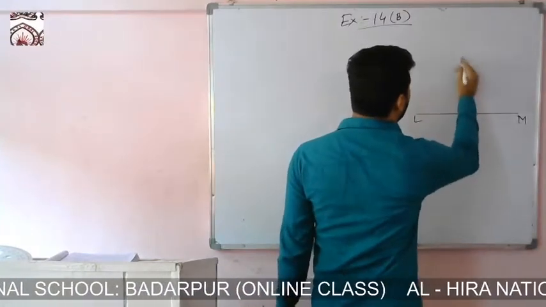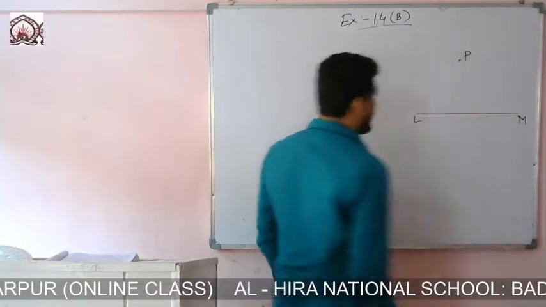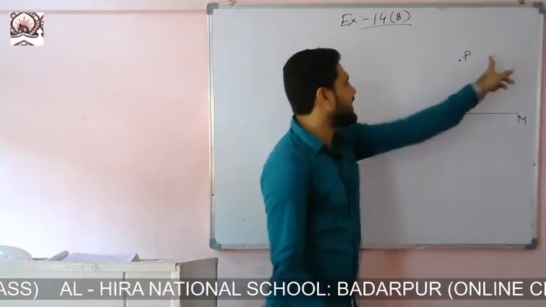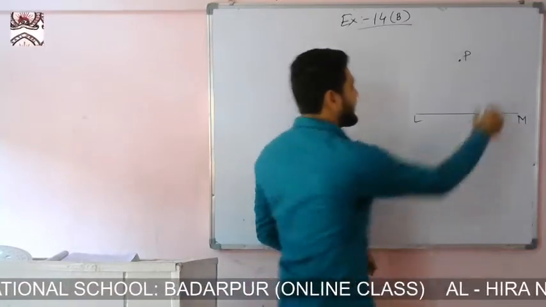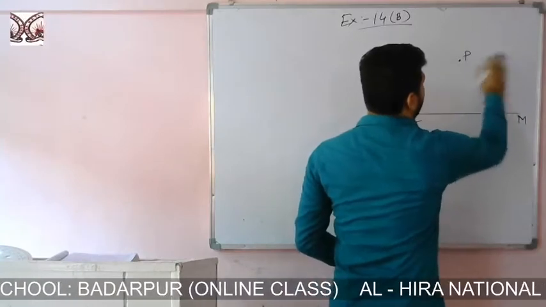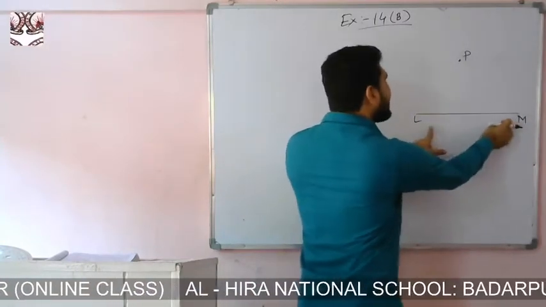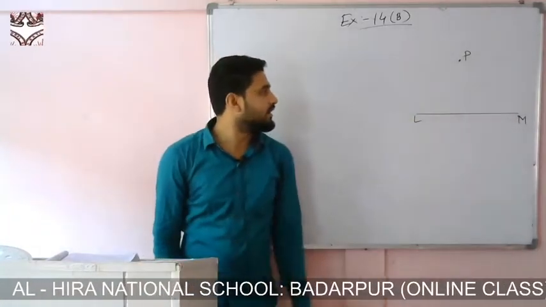Suppose here I have taken a point P, which is not lying on LM. You can take it anywhere, no problem. You have to take the point in such a way that it doesn't fall on the line segment LM.